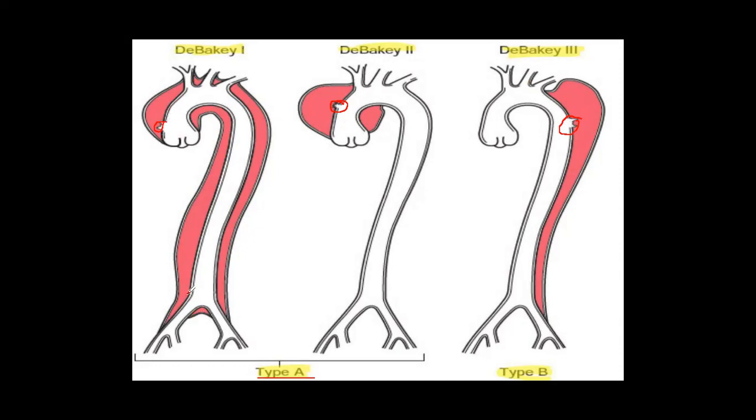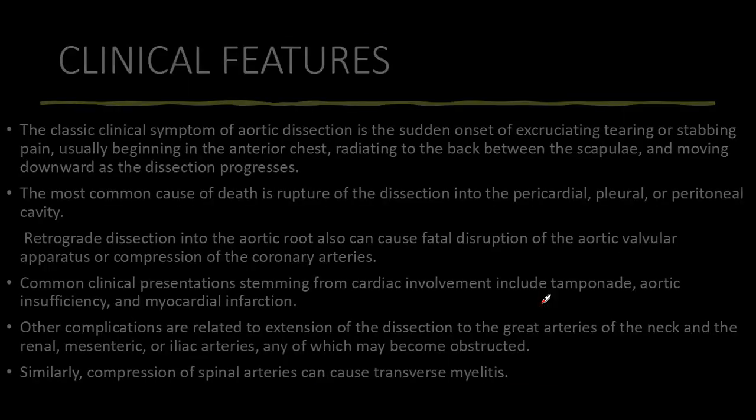So the tear is there, but it is extending beyond the arch of the aorta. In DeBakey type 2, the dissection is confined to the ascending aorta. Then in DeBakey type 3, the intimal tear will lie distal to the left subclavian artery, then the dissection extends distally. So that is how you classify them.